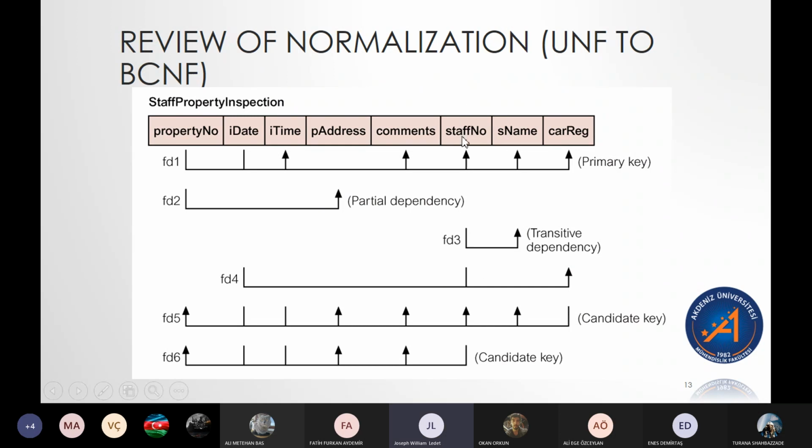We'll leave the staff number column in our main table, our property inspection table. That represents who the staff person is. We'll leave that column there as a foreign key to the staff table.